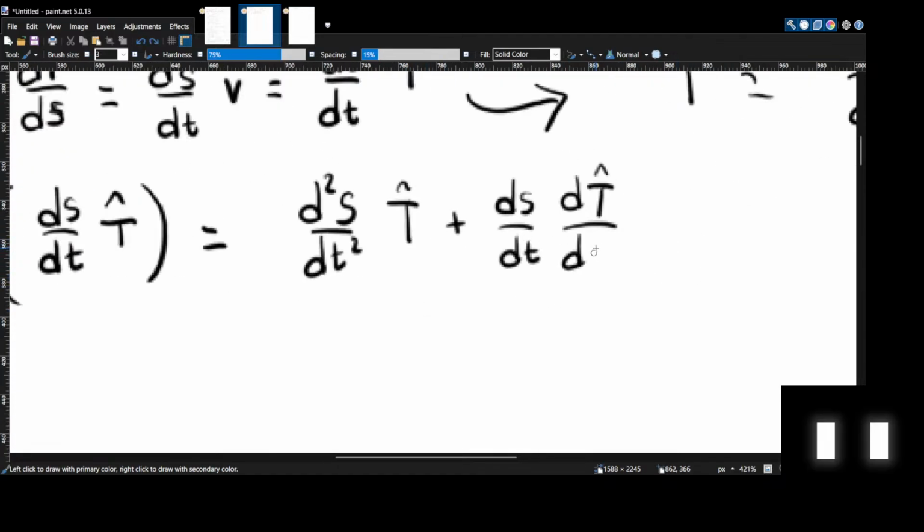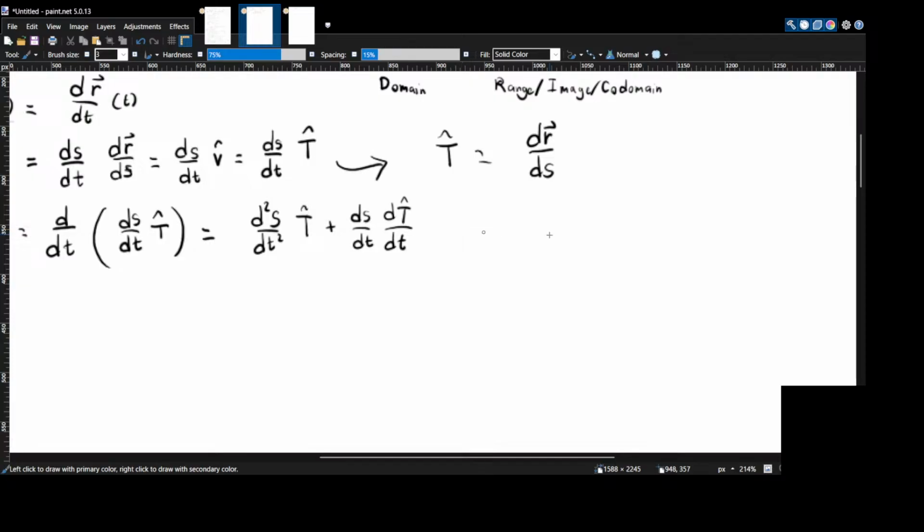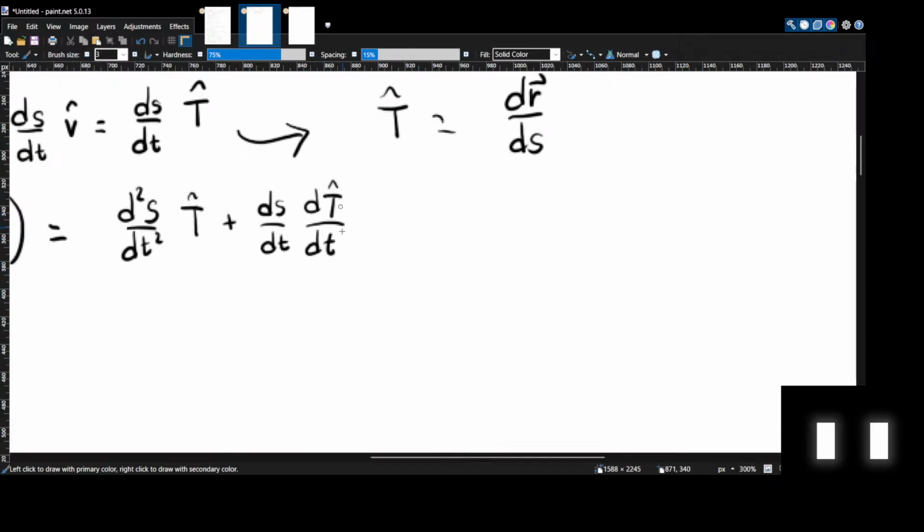That's not by ds, that's by dt. And then again over here, this term we can use chain rule for. So we can change this into d squared s by dt squared, the second derivative of the arc length with respect to time, which is basically the tangential acceleration.